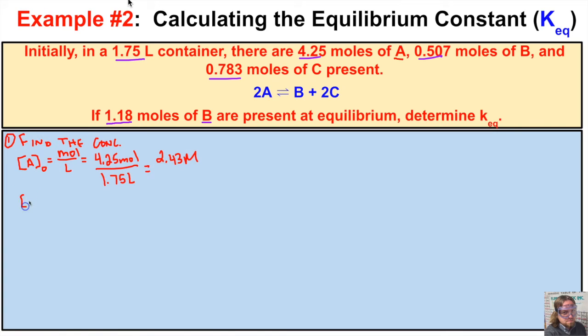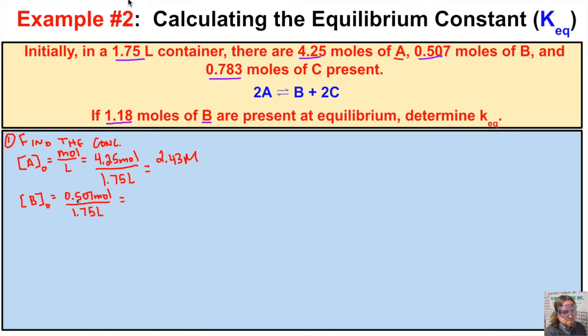Let's figure out the initial concentration of B now. To get the initial concentration of B, we simply take the amount of moles of B, 0.507 moles, and we're going to divide this by the volume of our container, which is 1.75 liters.